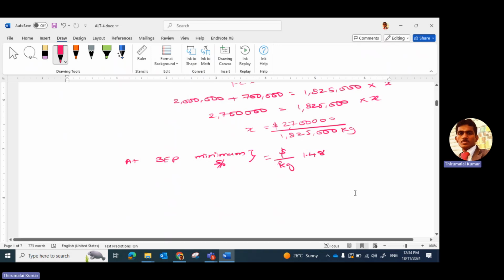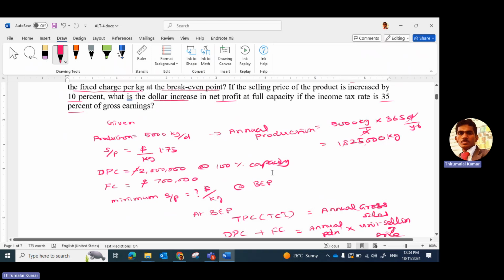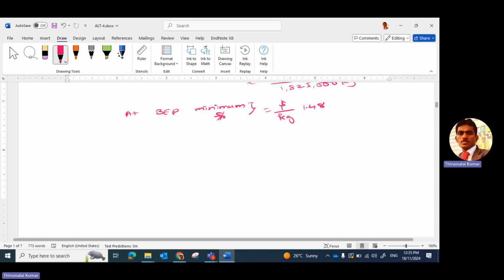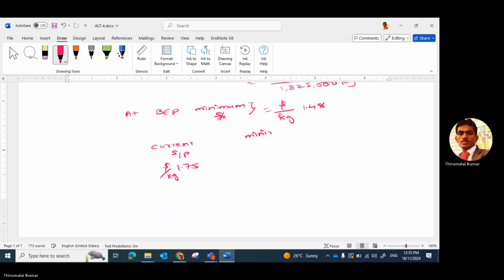So now let us come to the comparison. The current selling price of the product is 1.75 dollar for 1 kilogram. The minimum selling price is 1.48 dollar over 1 kilogram.